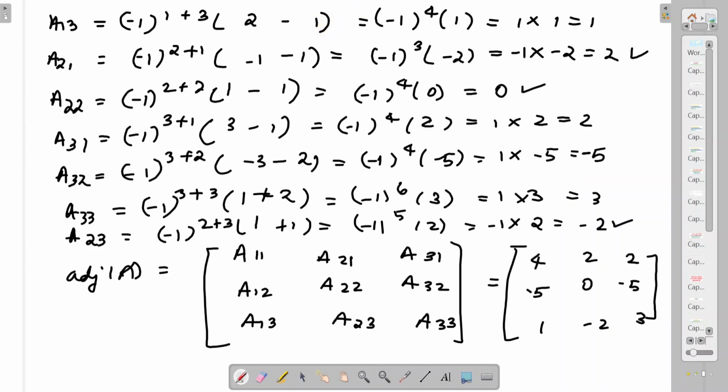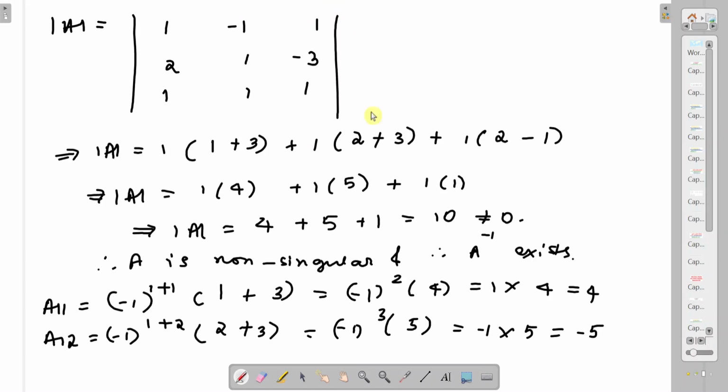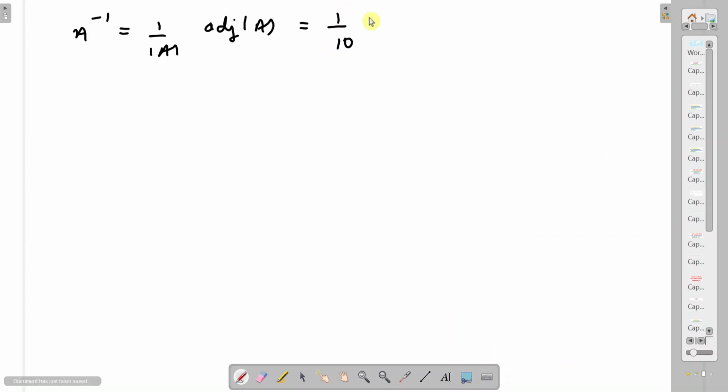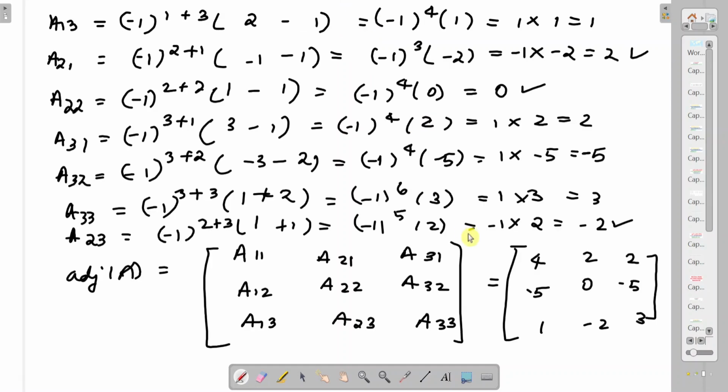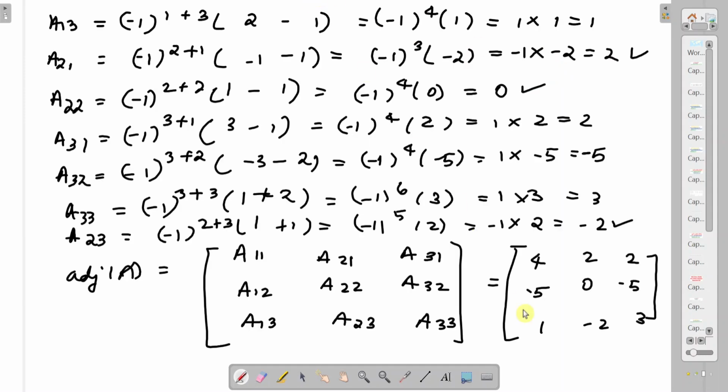So now let us find A inverse. So A inverse is equal to 1 by determinant of A, times adjoint of A. Okay, so 1 by, what is determinant of A? It is 10, it is here. Okay, so 1 by 10, and adjoint of A we have already found out here, 4 2 2, then minus 5 0 minus 5, then we have 1 minus 2 3.